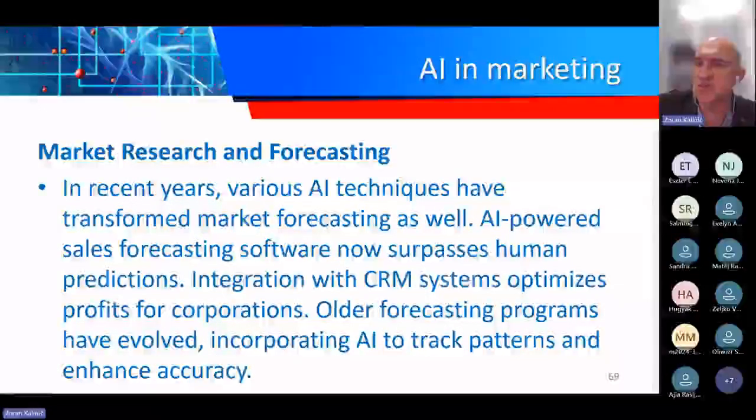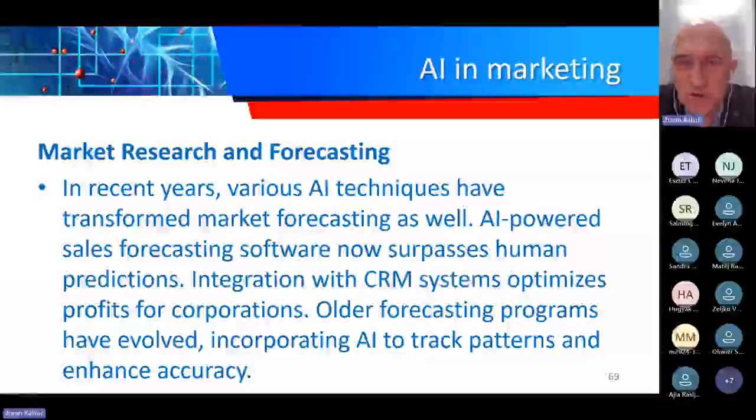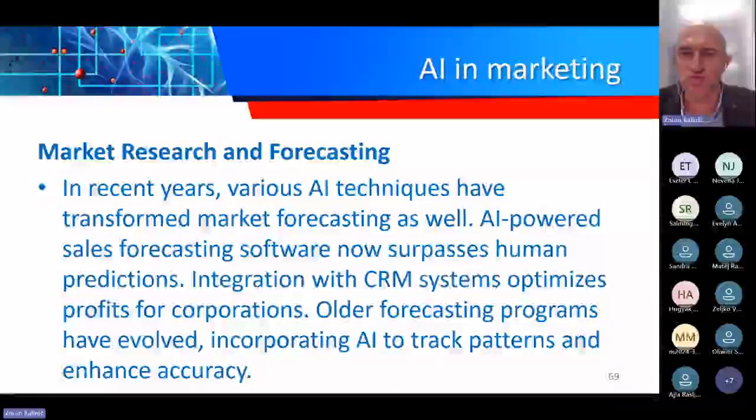Market research and forecasting, again, is important for companies, because in many companies it's very important to forecast your sales in the next year. You need this information to organize your production process and to know how much of everything you need to purchase or order.